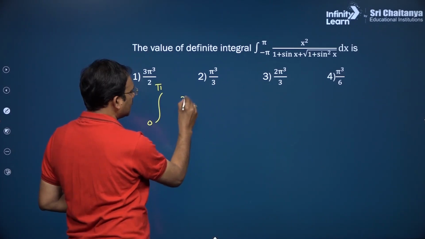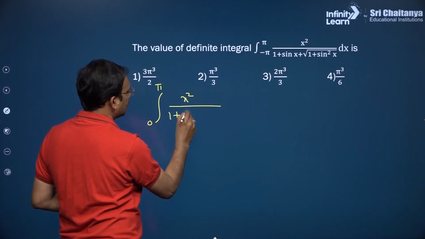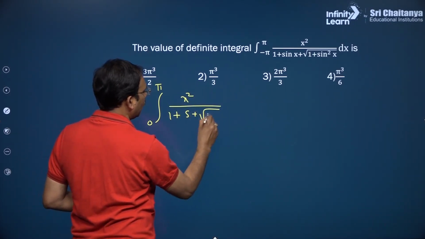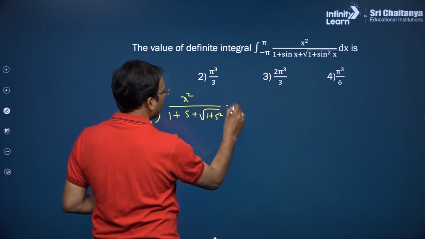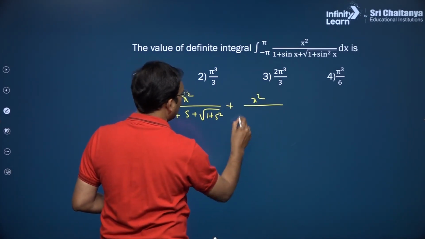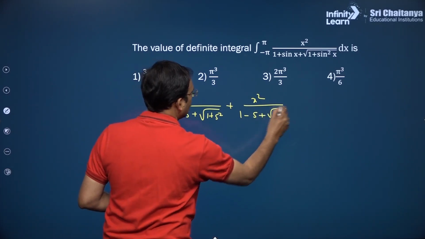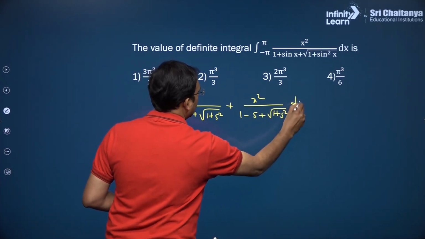So, first step is x square by 1 plus sin x plus root of 1 plus sin square x, plus second one is x square by 1 minus sin x plus root of 1 plus sin square x dx.